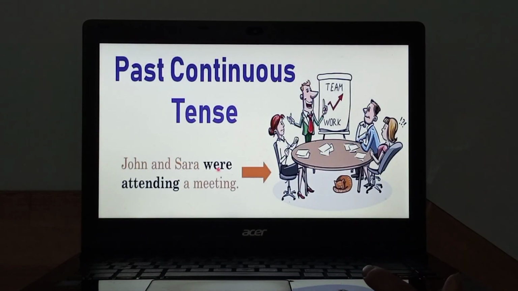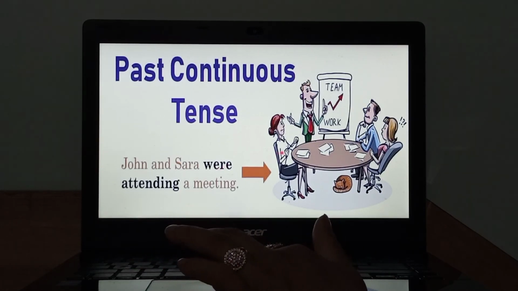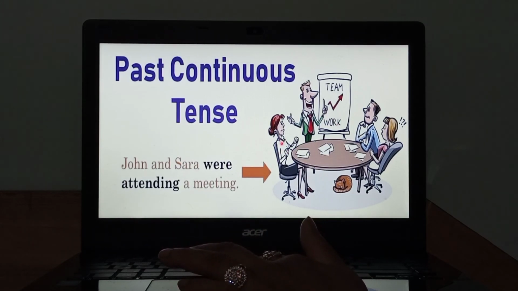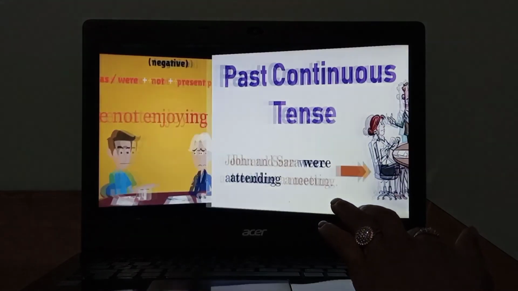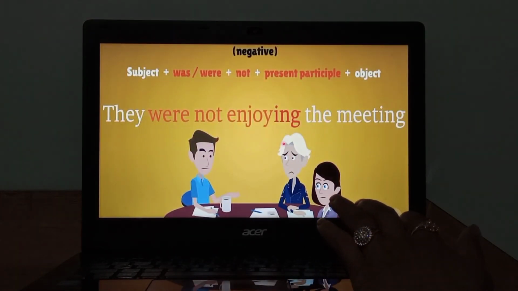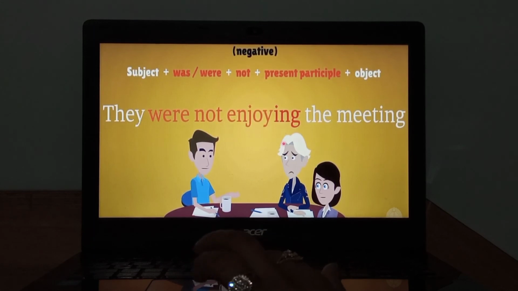You can see here further examples; with the help of pictures you can easily understand. This picture shows John and Sarah were attending a meeting. In this slide, you are looking at the structure of negative sentence and the example, and through this picture you can easily understand this example.